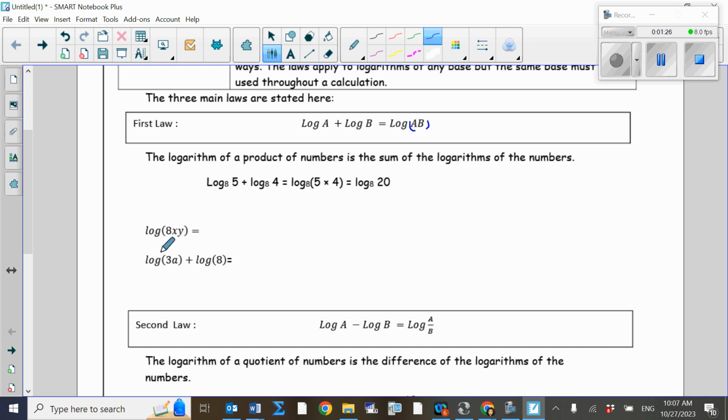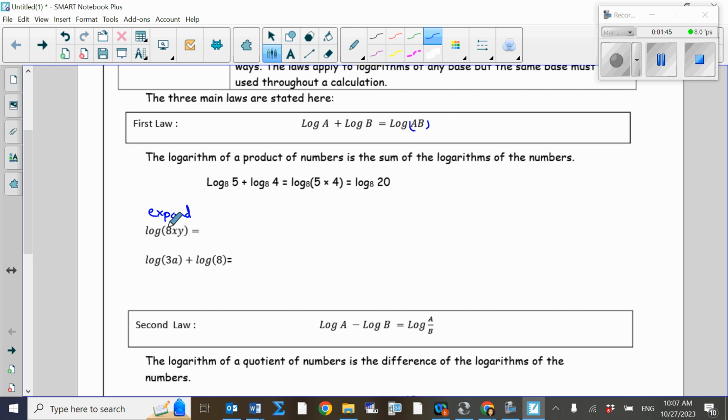So let's do these examples. We have one log here, log of 8xy. We want to expand this into several logs and change them to an addition, or sum, of a few logs.